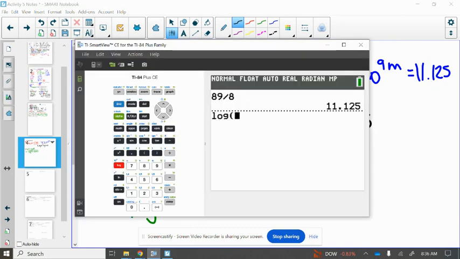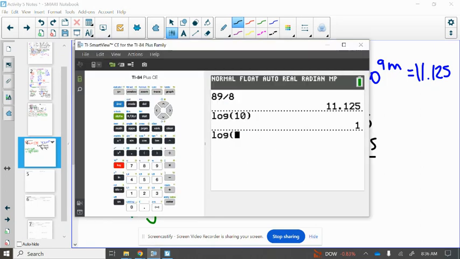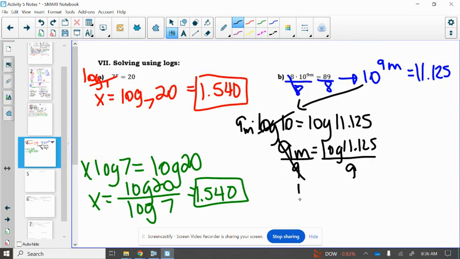Log is a base 10, so this is actually just going to become 1. So we have 9m equals log of 11.125, and then we're going to divide over this 9 to get m by itself. So log of 11.125 divided by 9, we get a total of about 0.116 on this one.